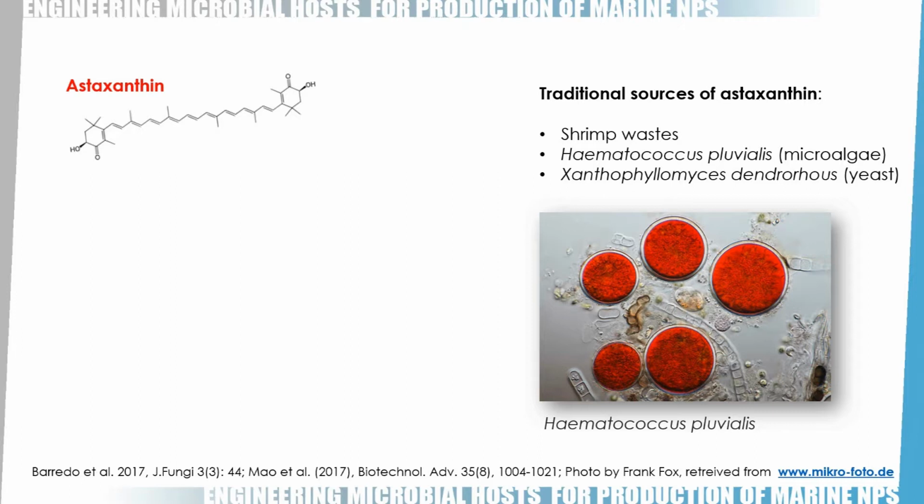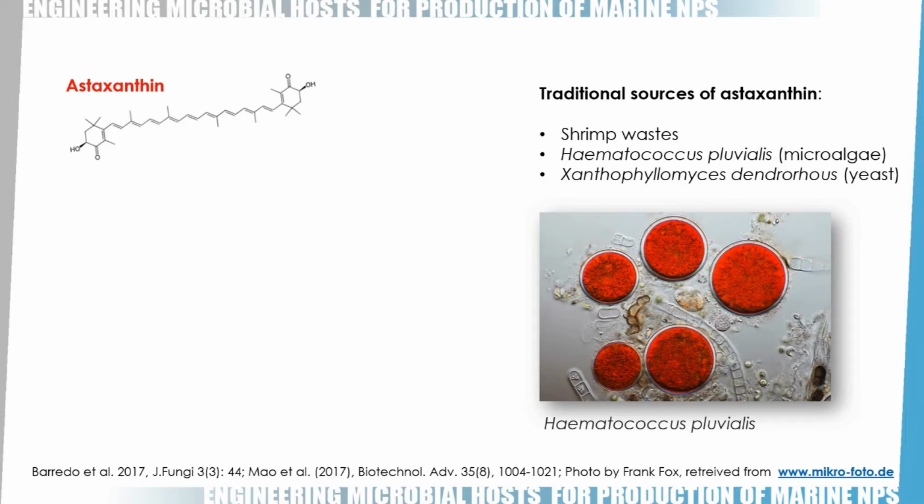Due to its strong antioxidant, anti-inflammatory, and anti-cancer activity, astaxanthin is a promising compound for aquaculture, medicine, and nutrition. Since its discovery in 1938, astaxanthin has been obtained at the industrial scale mainly from shrimp wastes, cultures of Haematococcus pluvialis, and Xanthophyllomyces, or more recently also by chemical synthesis.